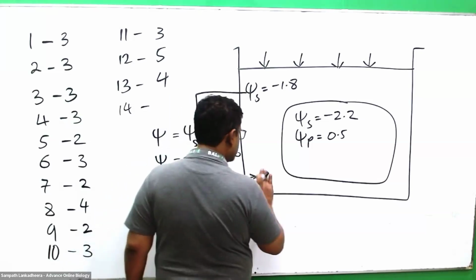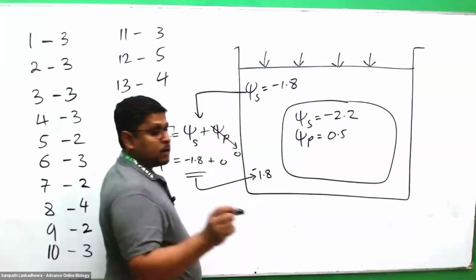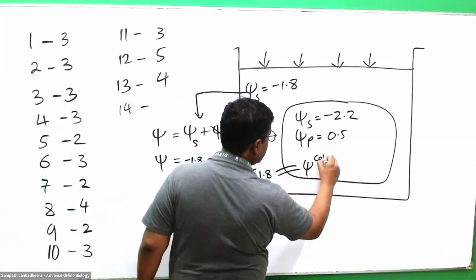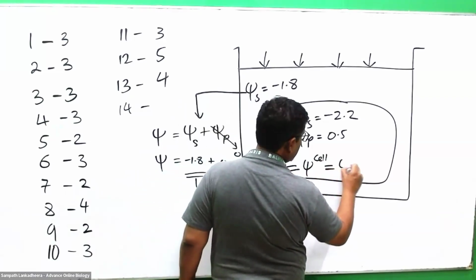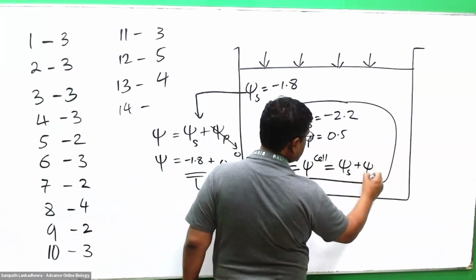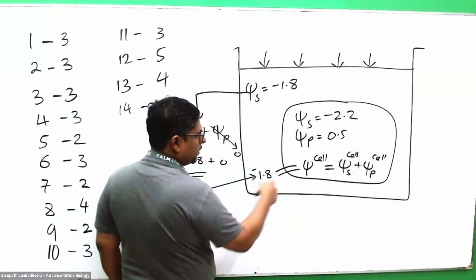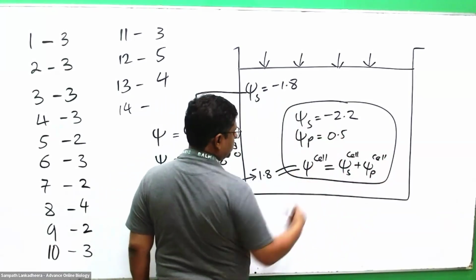At equilibrium, this is equal to the water potential of the cell. Water potential of the cell is equal to solute potential of the cell plus pressure potential of the cell. This value is minus 2.2.